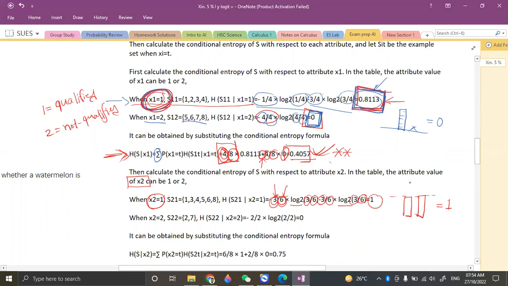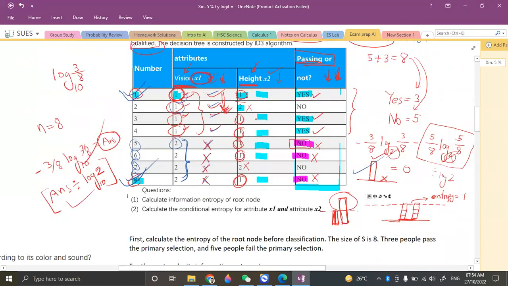The conditional entropy for x2 when x2 is qualified is 1. And now let's see when x2 is not qualified, or when x2 is 2. Then let's calculate how many of them there are. So we have 1 not qualified and 2 not qualified, right? So we have 2 not qualified, and both of them are not selected. You see here, they are not selected.